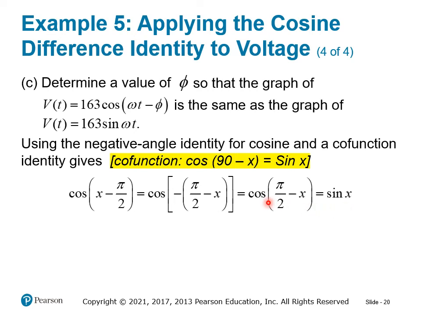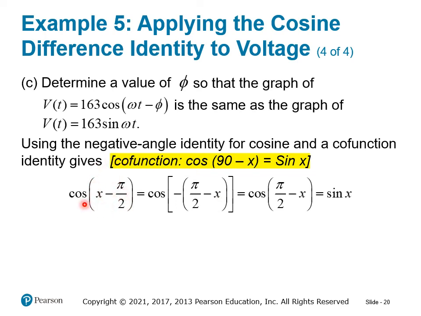Well, remember that cosine's negative angle identity says the cosine of a negative angle is the same as the cosine of the angle. So the sine of x is also equal to the cosine of negative pi over 2 minus x. Well, if we multiply this through and do distribution, we get negative pi over 2 and positive x, which is the same thing as x minus pi over 2.